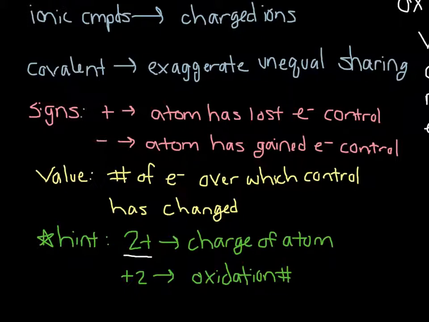For the oxidation number, the sign goes first and then your value, so +2. A lot of times, the charge of the atom is the oxidation number, and that will be very typical for ionic compounds, but for covalent compounds, we don't have necessarily identifiable charges. Therefore, we have to go through and determine them. And that is what the next set of rules is for.